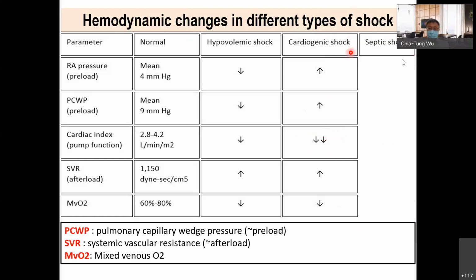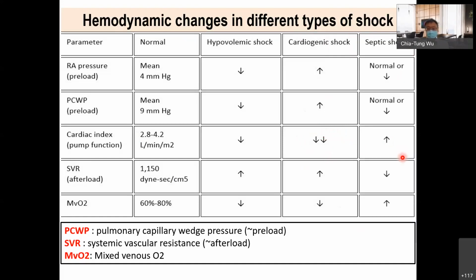And for septic shock, this is different. This is caused by the systemic vasodilatation by the toxins, by the immune response. So our systemic vascular resistance decreases because of systemic vasodilatation, but our cardiac function remains normal or even increased because of the sympathetic tone. So to treat patients with septic shock or infection, first of all is the antibiotic to kill the bacteria.